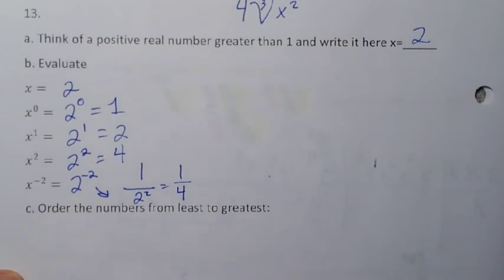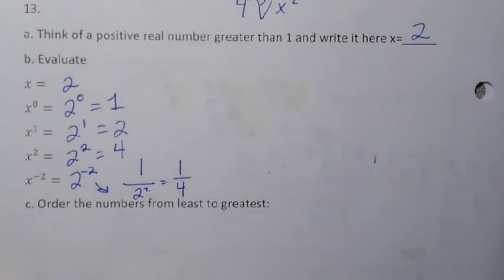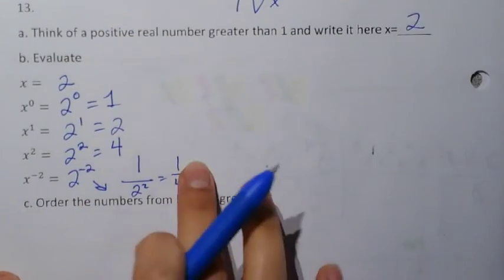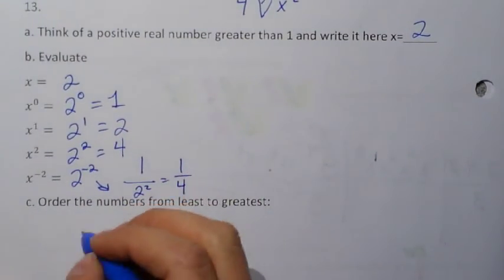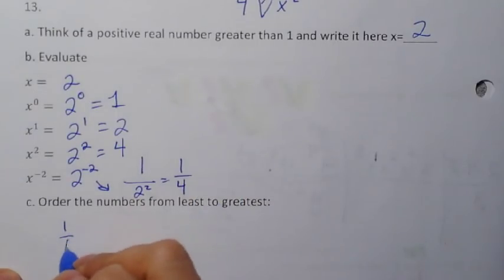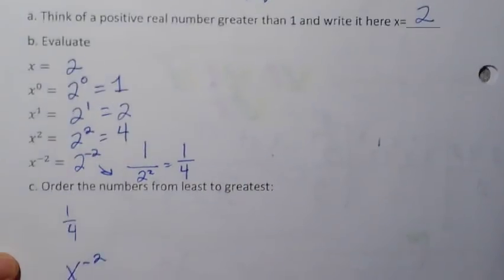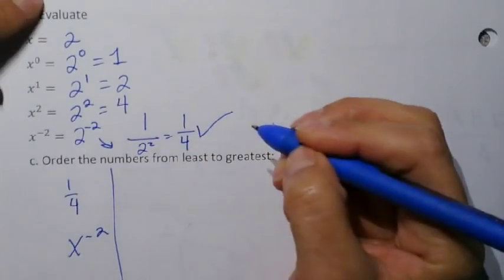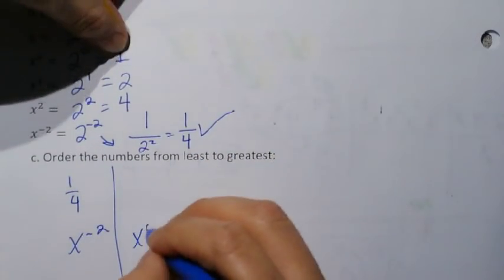Okay? Then it says order the ones from least to greatest. Okay, so the least here would be 1/4. So we'll do 1/4. In other words, x to the negative second. And then the next one will be 1, so x to the 0.